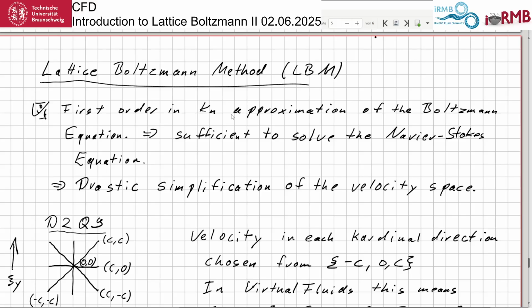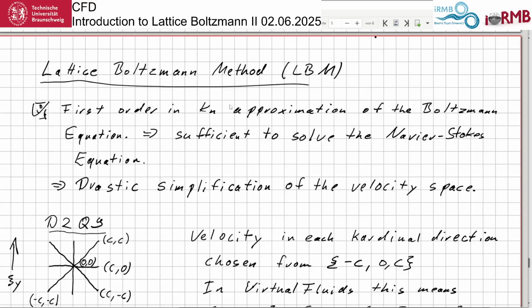So what we do is we discretize the Boltzmann transport equation in a very simplified fashion, namely in such a way that it is just compatible with the Navier-Stokes solution and not necessarily with the entire kinetic domain.